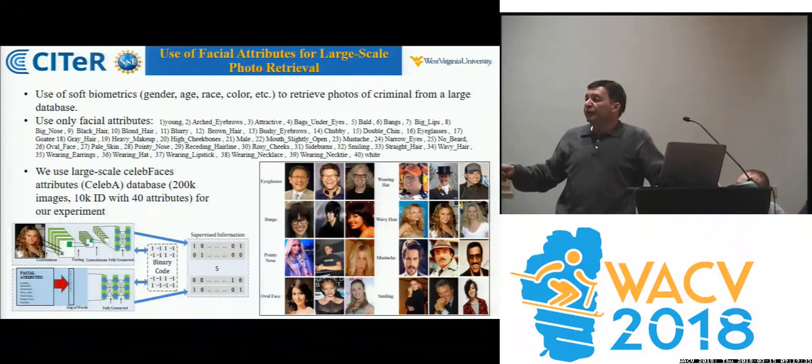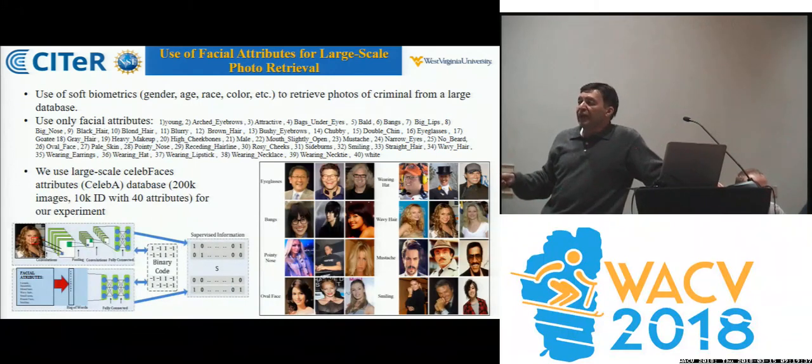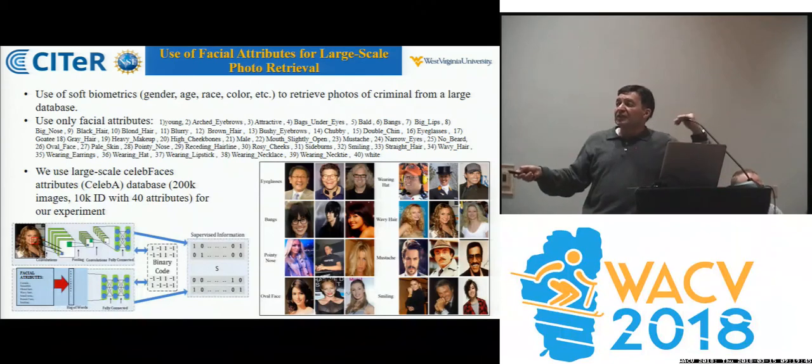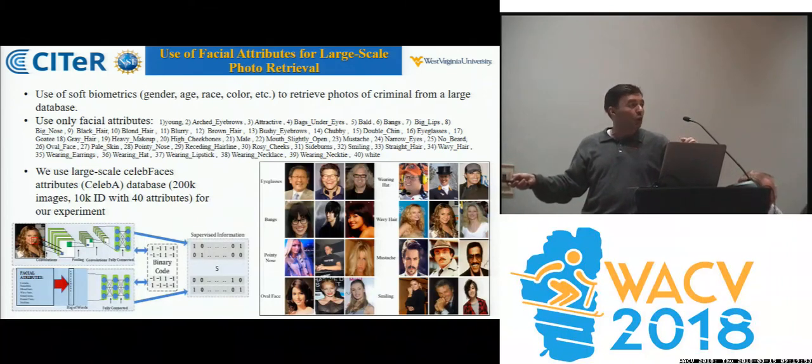Now, what we want to do is put the attributes here, we get the binary output, we want to force the output of this neural network to be binary, and then people who have similar or same attributes, we want the output of their CNN to be exactly the same binary code, okay? And we call these hash codes, okay?